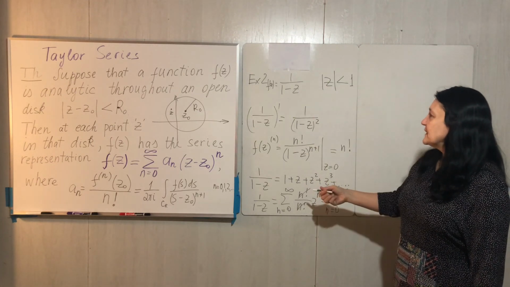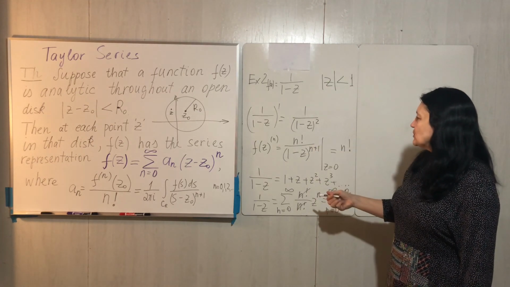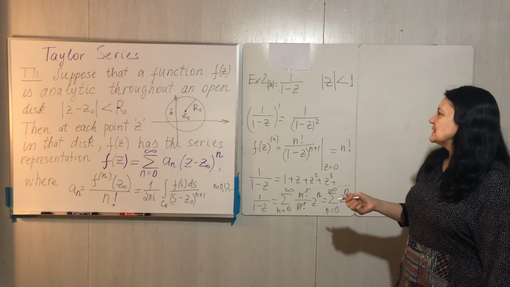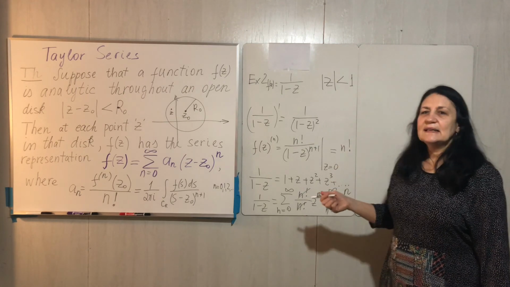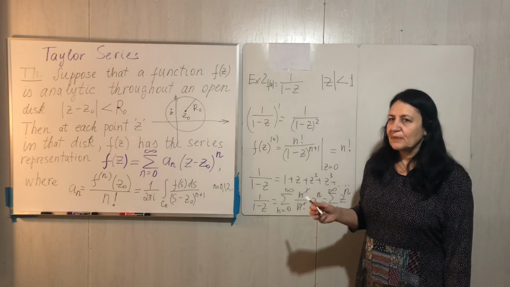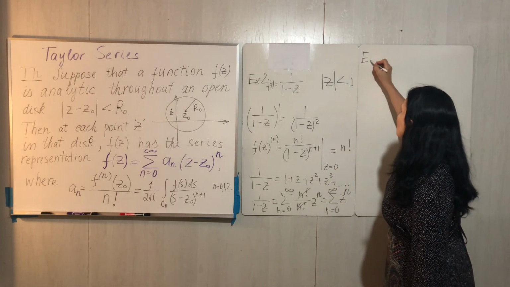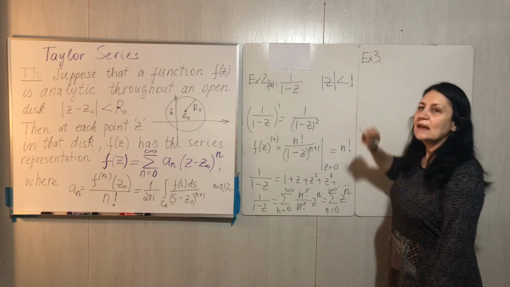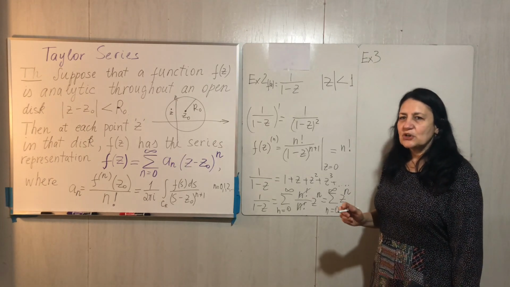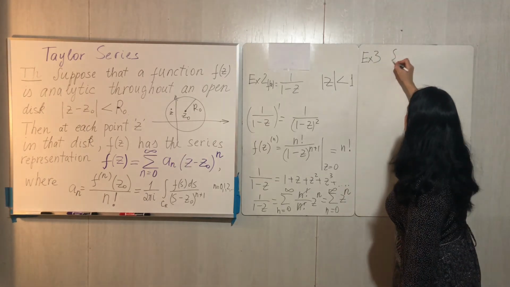So this is a geometric series, it converges. Now let's discuss its uniform convergence. Let's look at example number 3.